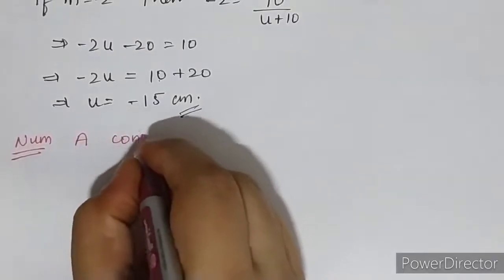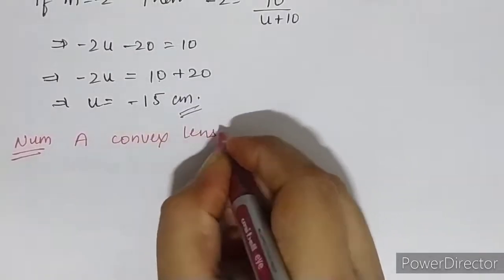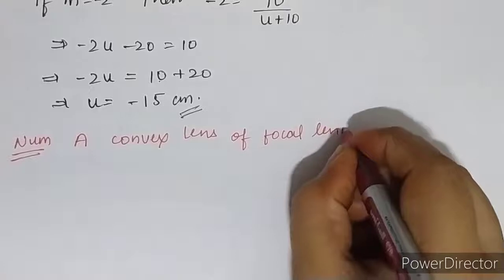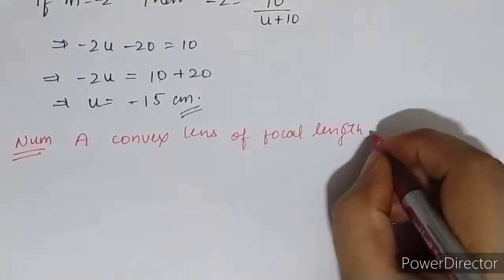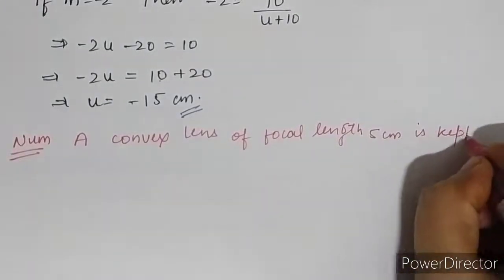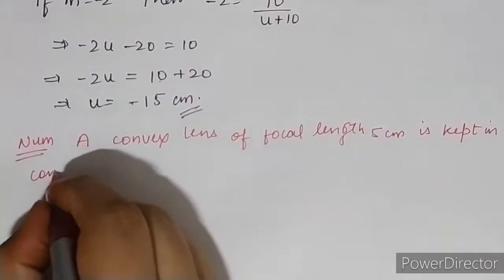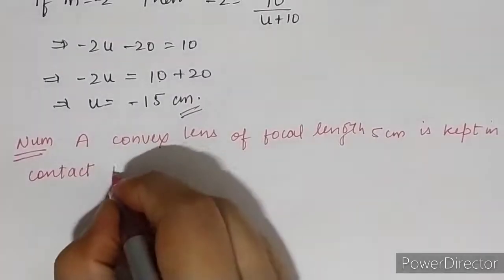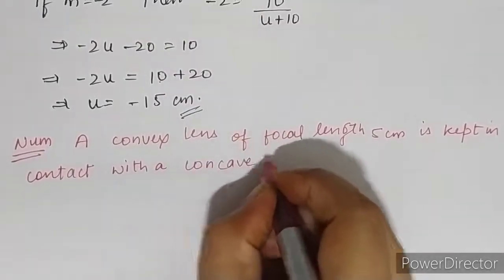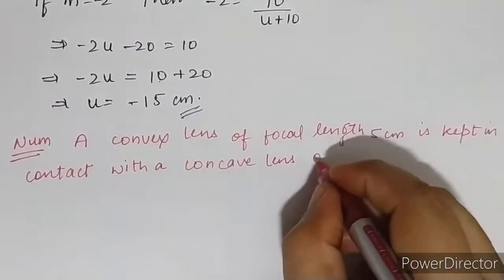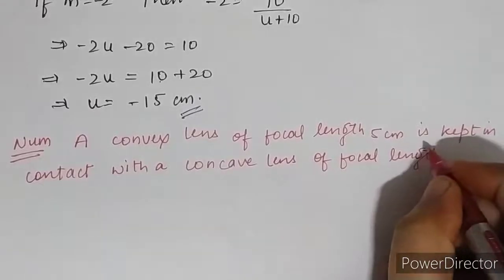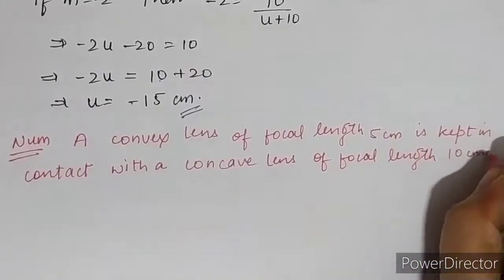A convex lens of focal length 5 centimeter is kept in contact with a concave lens of focal length 10 centimeter.